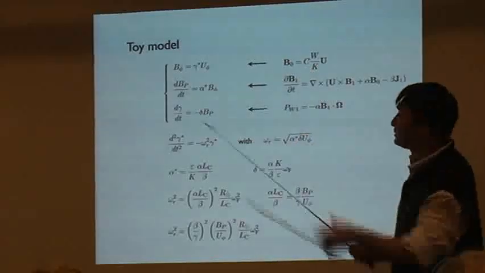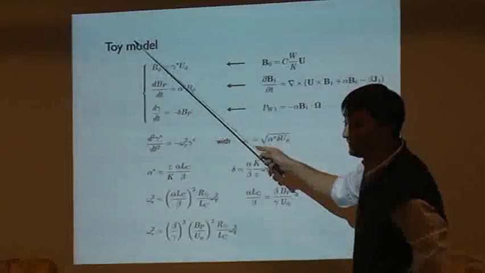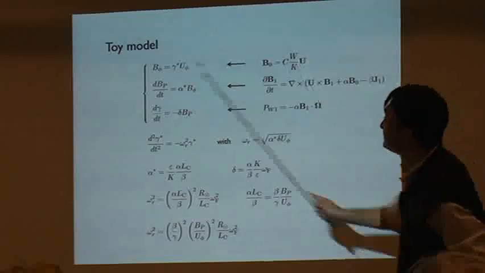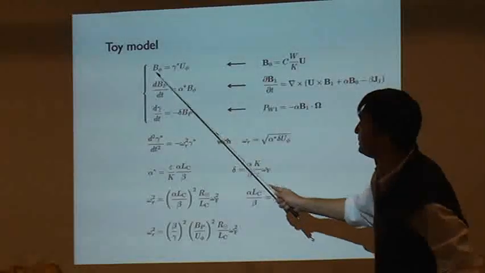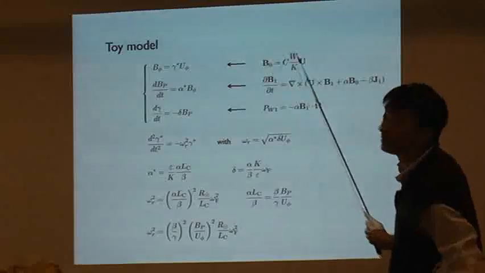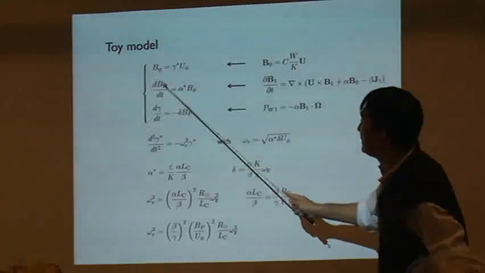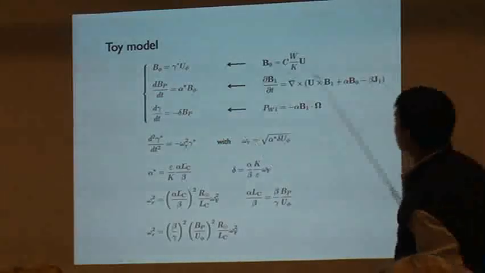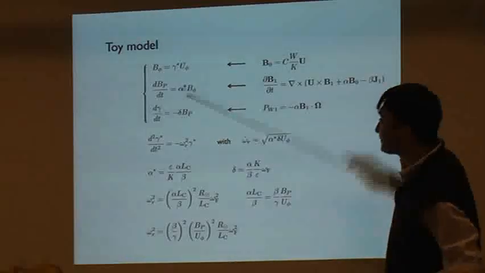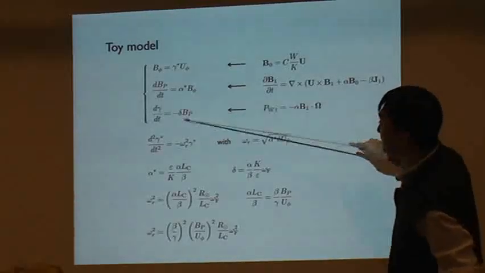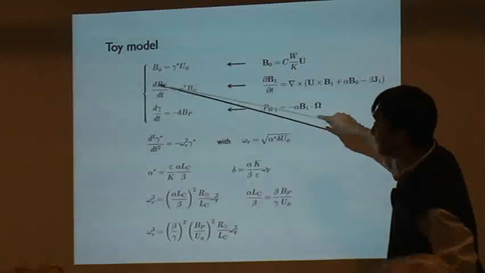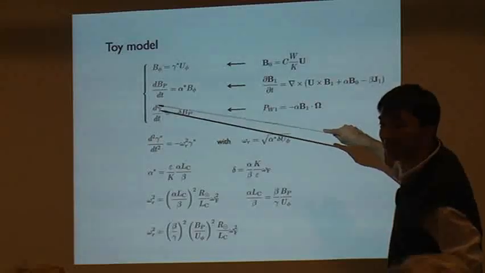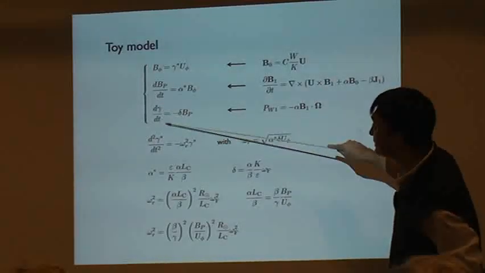So we consider some toy model like this. B0 proportional to U is written like this. The gamma represents the effect of cross helicity, and the BP evolution is written like this. Very simple model. The produced BP works for generation of negative cross helicity, negative gamma.